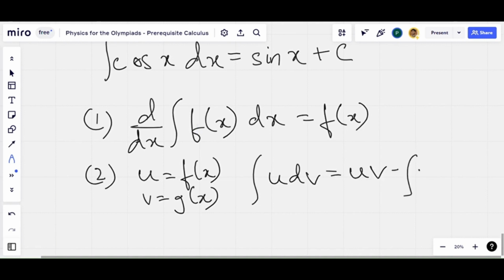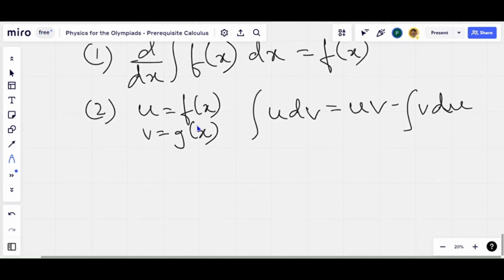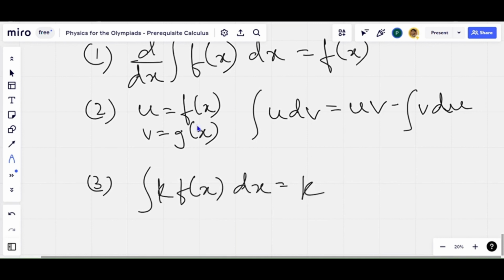This is a very useful formula. And lastly we have another formula, integral k f of x dx, where k is a constant. This is equal to k integral f of x dx. So we can just factor out the constant.